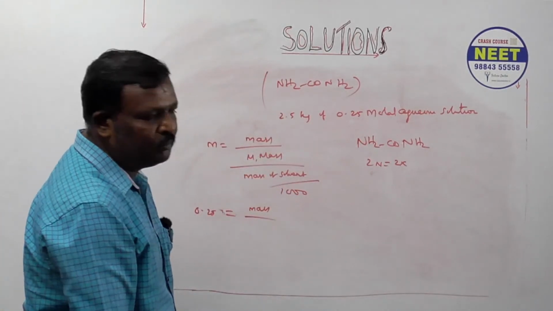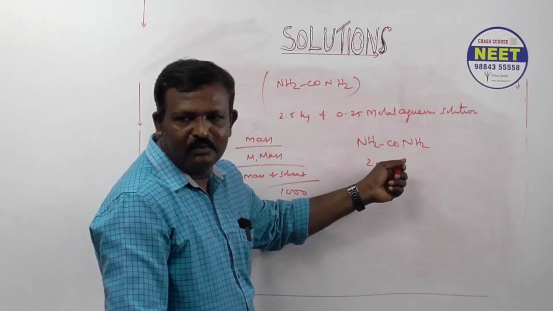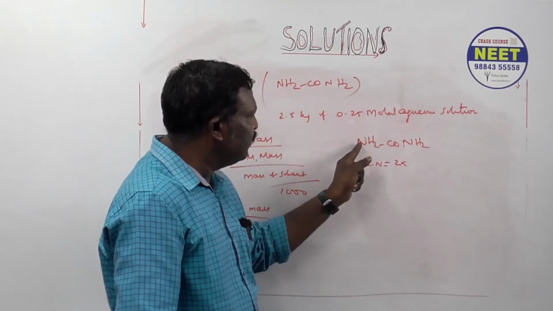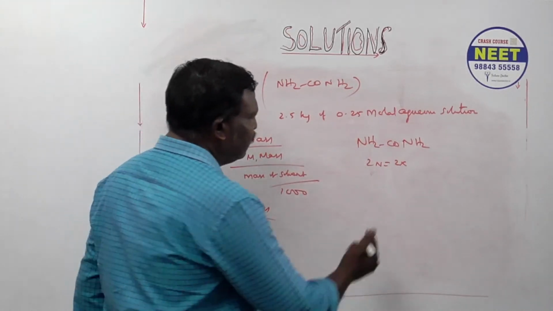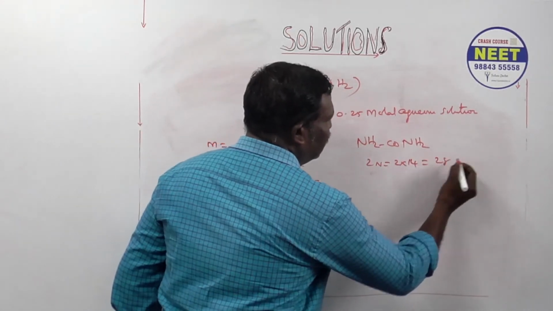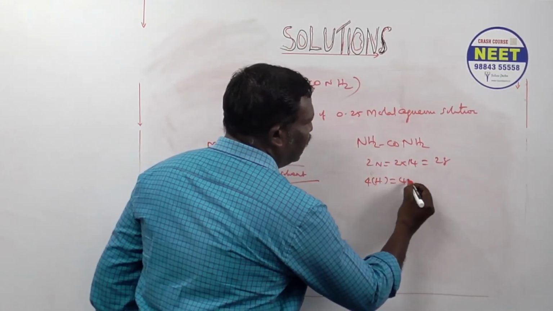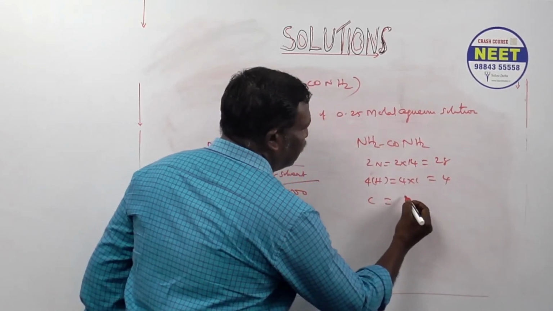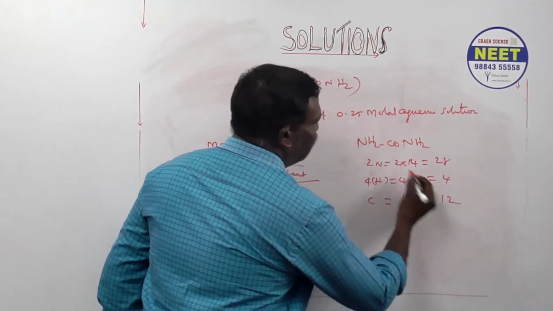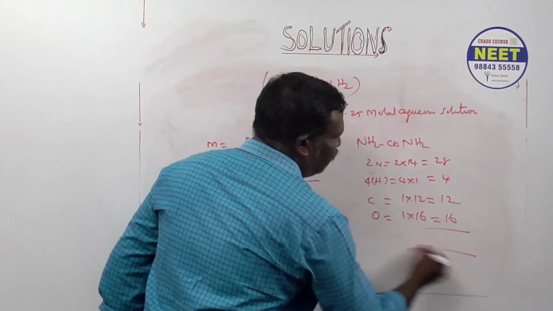Last time I told you carbohydrate, now we need protein also. Nitrogen is there, atomic mass 14, so 2 into 14 is 28. 4 hydrogen, 4 into 1 is 4. 1 carbon, 1 into 12 is 12. 1 oxygen, 1 into 16 is 16.